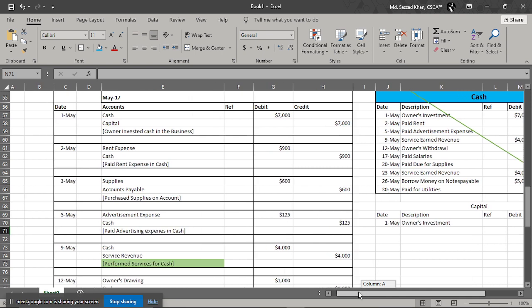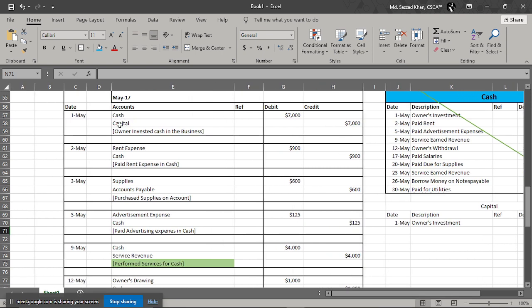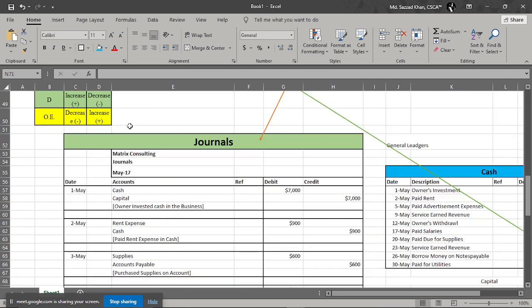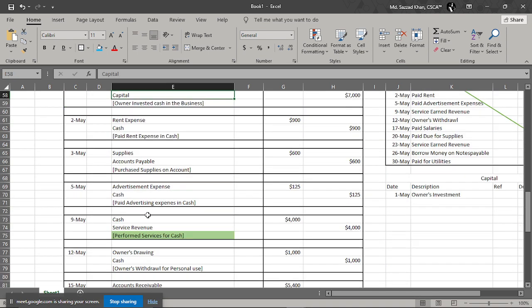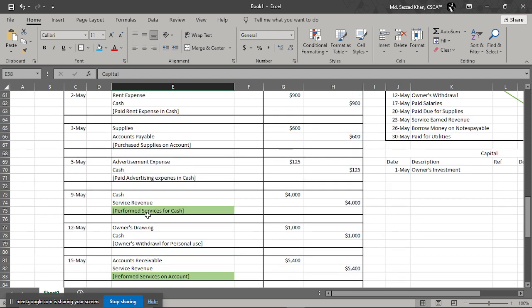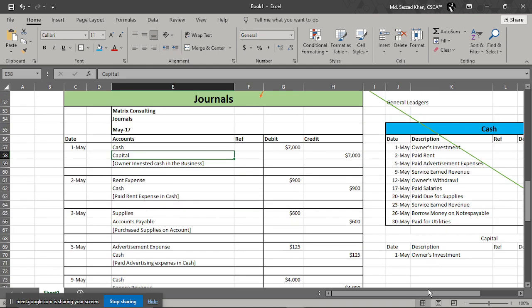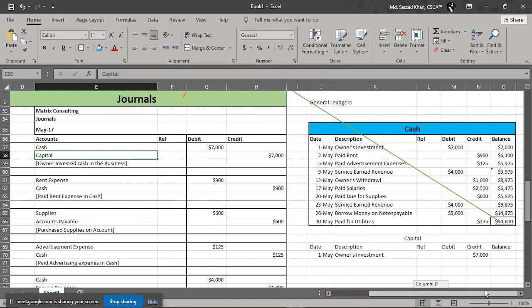Is there any other transaction in the journals in the name of the capital account? Do you see any other? No. So we are done with this capital account in the journal entry.